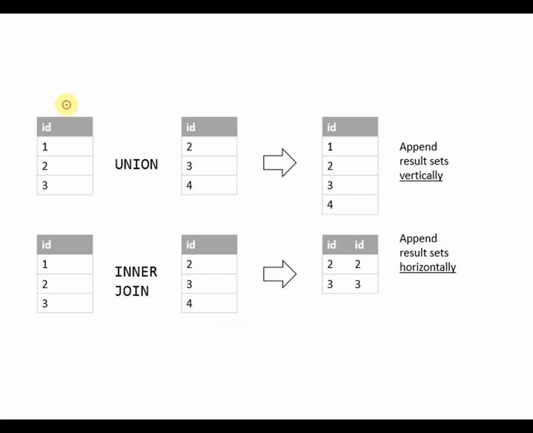Suppose you have this table and this table, and if we perform a union on the same, you will get results like this way, vertically appended or vertically combined, 1 2 3 4. Whereas this same thing, if we perform an inner join, which we have already looked into previously, in that case only the rows which are matching like this and this will be shown in the result set in this manner.